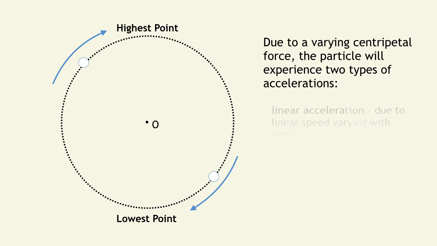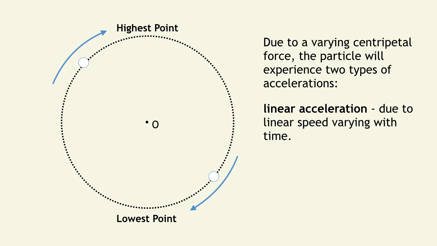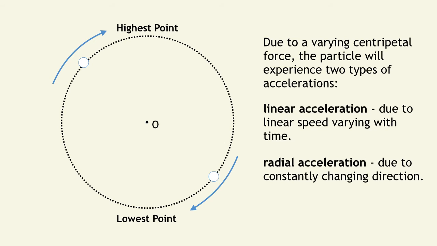One is linear acceleration, and this is due to the speed varying with time. Remember, in vertical circular motion, the speed varies. But for vertical and horizontal circular motion, they will both experience radial acceleration, and it will always result due to the constant change in direction. Alright?